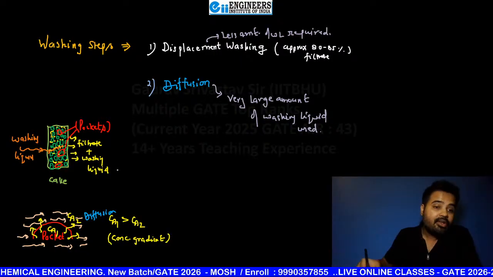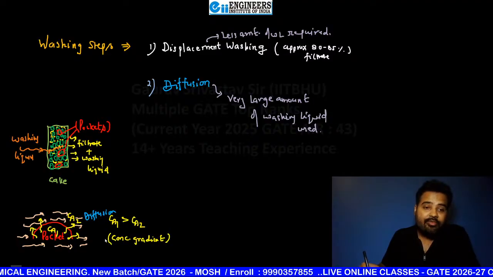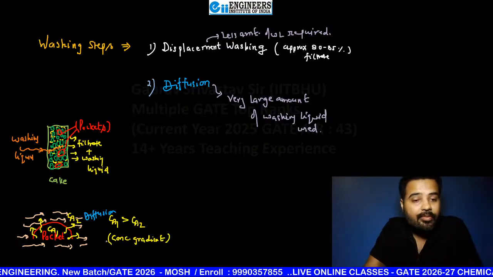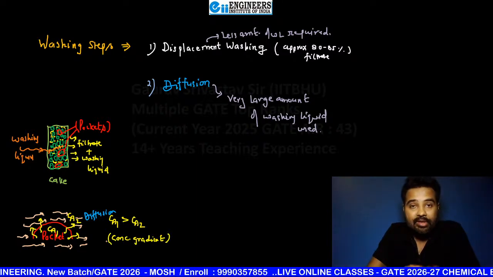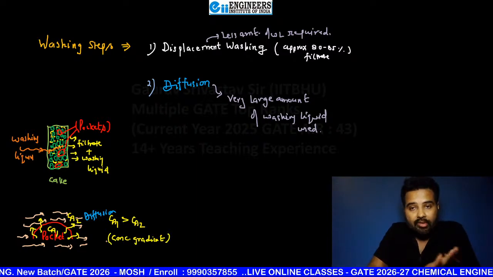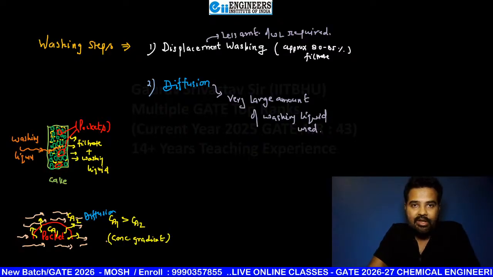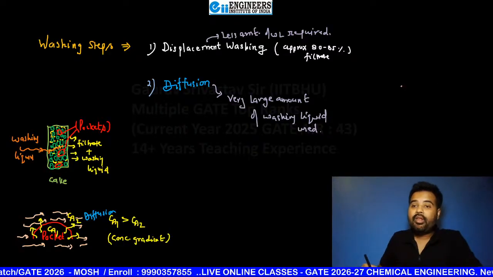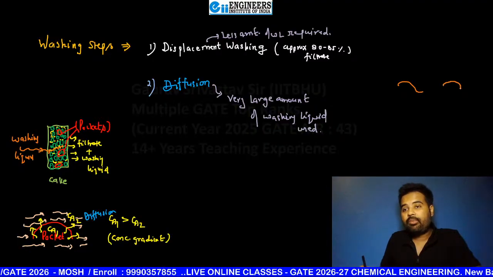Okay beta. So diffusion is the phenomenon of mass transfer operation in which the transfer of any component occurs from high concentration to low concentration in order to remove the concentration difference, beta. Like, in two rooms, see, this is room number 1, this is room number 2.